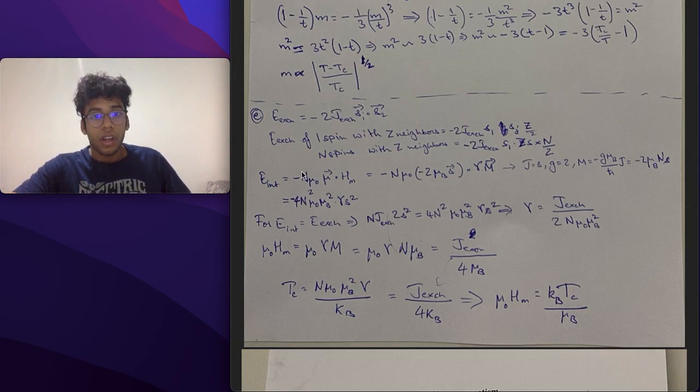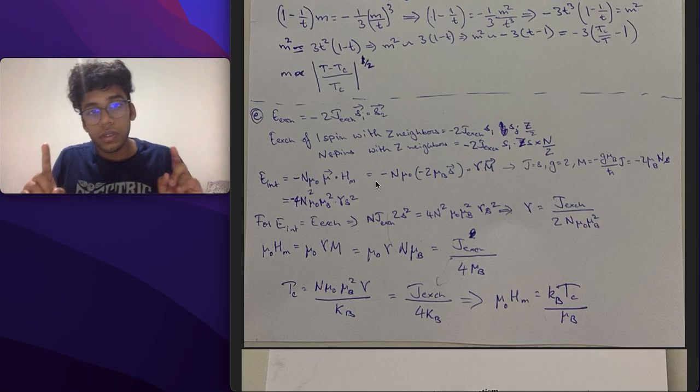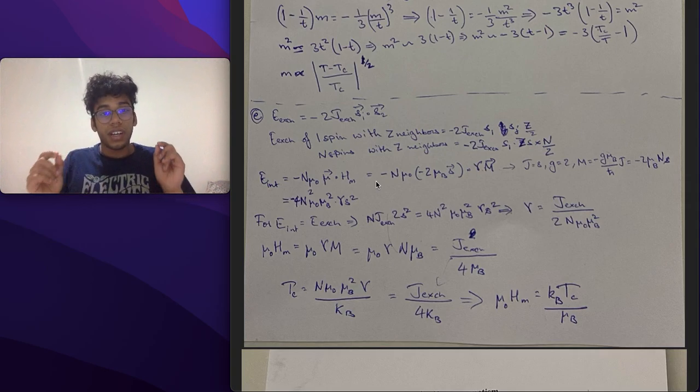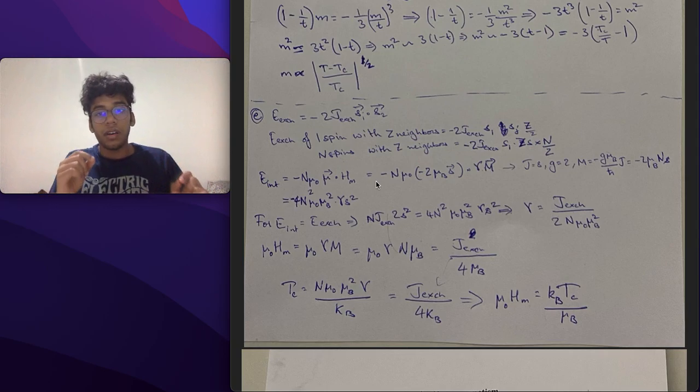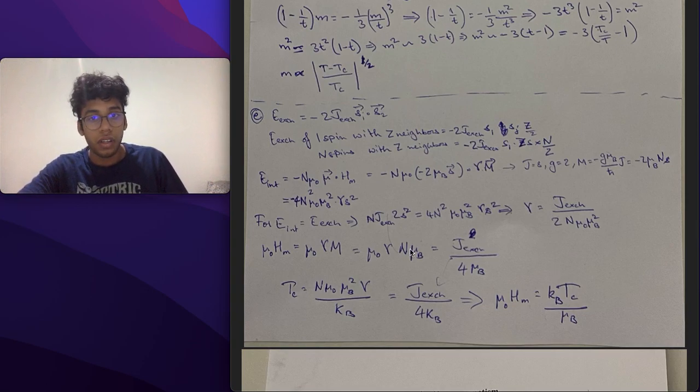So now we get an expression for this. What we want to do is set up a limit in which the interaction energy is basically the same as the exchange energy, and therefore we do some algebra and arrive at the relation between mu naught hm and J exchange.